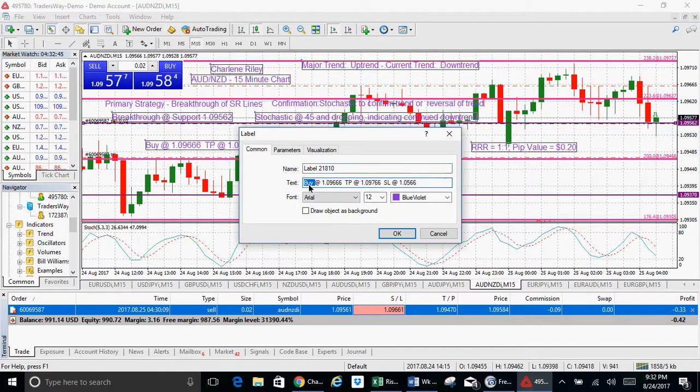So I had a sell at 109.561. My take profit at 109.470, and my stop loss at 1.09661.